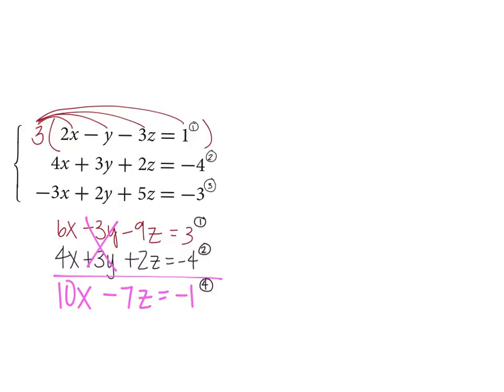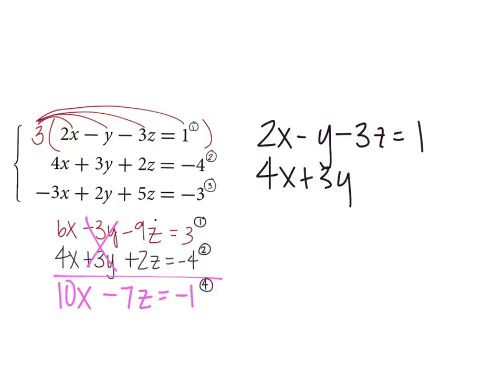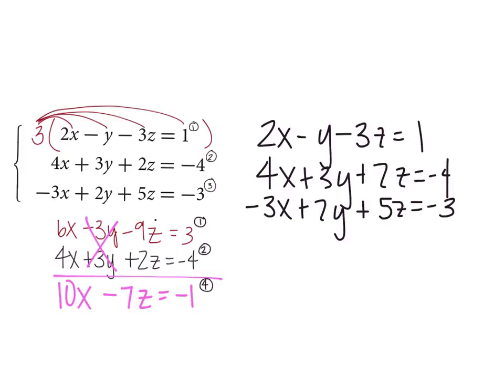They are 2x minus y minus 3z equals 1, 4x plus 3y plus 2z equals negative 4, and negative 3x plus 2y plus 5z equals negative 3. And again, these are equations 1, 2, and 3.